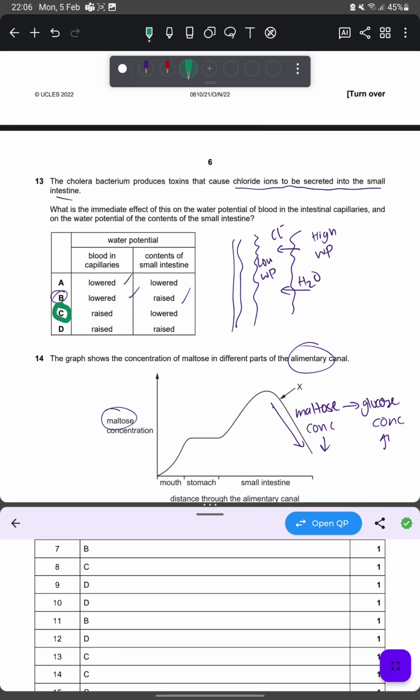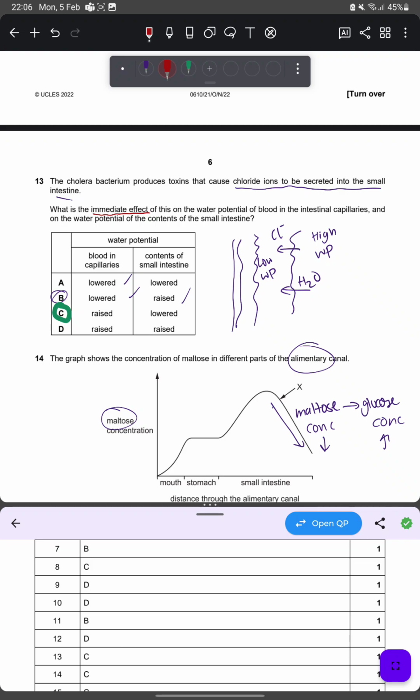Cholera bacterium produces toxins that cause chloride ions to be secreted in the small intestine. Immediate effect on the water potential of blood in the intestinal capillaries and the water potential of the contents of the small intestine. So if there are more chloride ions in the small intestine, shouldn't it create a high water potential in the blood capillary?